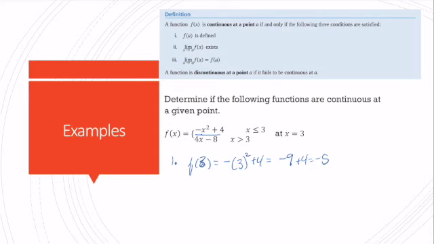I need to know what the value is approaching from the right, where x is greater than 3. That would give me 4 times 3 minus 8, which is 12 minus 8, a positive 5, right? So this is discontinuous at a point because the limit as x goes to a of f of x does not exist.